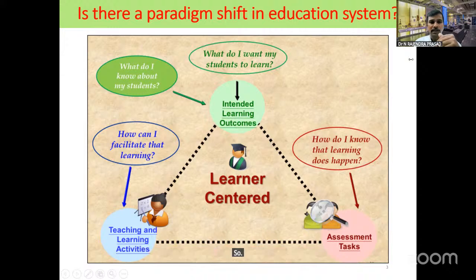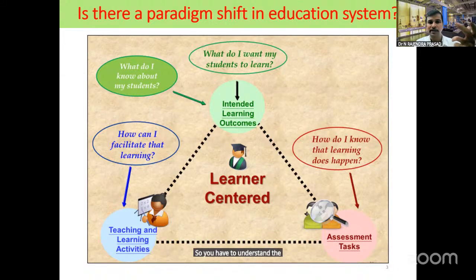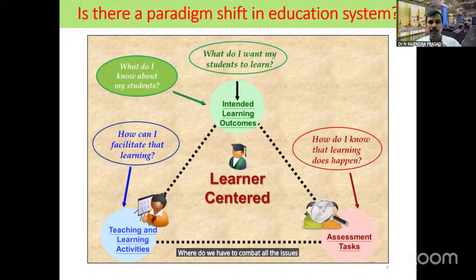So you have to understand the students in more quantity. The quantity is a relative term here, that is with respect to the knowledge, with respect to the requirement. You have to understand the student's state of mind. Then you have to serve the teaching job. This is a triangular representation of the learner-centric education system, where we have to combat all the issues which are observed in the teacher-centric education system.